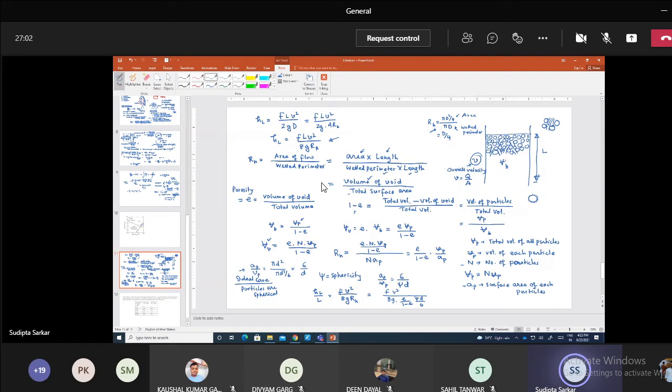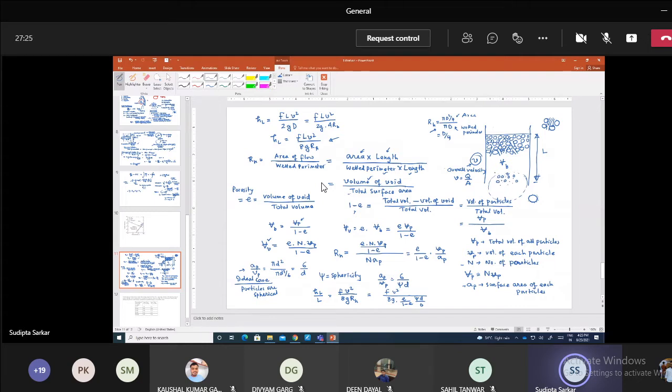But actually the flow is not taking place throughout the cross sectional area. It is taking place within only part of the area.